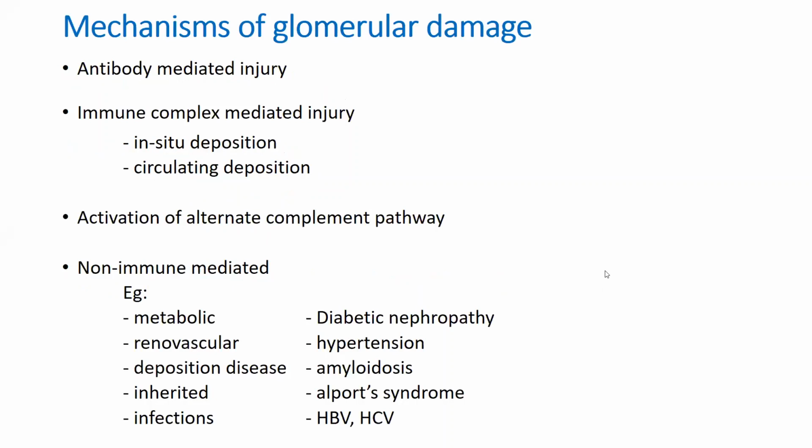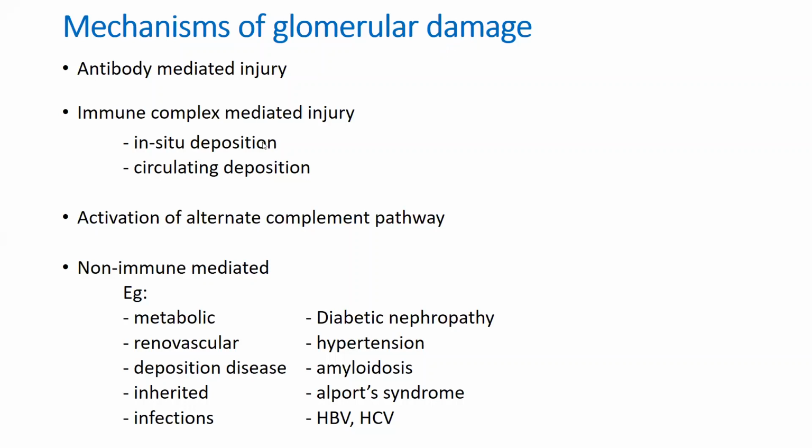So how does the glomerular structure get damaged? There are many mechanisms how the glomerulus can get damaged. So these are some of the common ways. One of that is your antibody mediated injury. So that is, for some reason, if you develop abnormal antibodies in the body, it can directly go and damage the glomerular structure and cause damage.